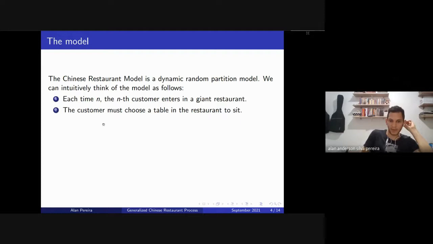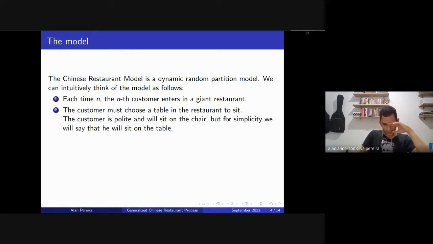The customer enters, one customer at a time, chooses a table and sits. But the customer is polite and doesn't sit on the table, he sits in the chair. But we will say, for simplicity of communication, that he sits on the table.